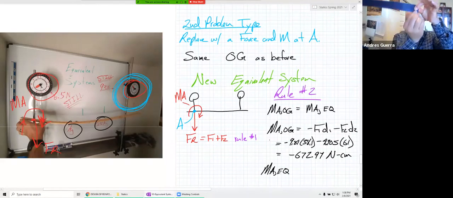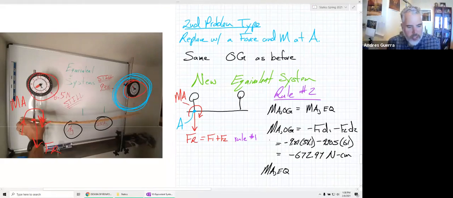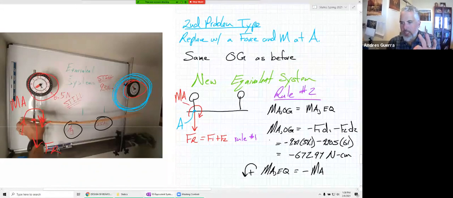Right, point A is right here. The line of action goes right through, so it's not causing any tendency to rotate, is it? So our couple moment, that's a pure moment. It's a pure rotation. So the moment about A of our equivalent, relative to our positive sign convention, is a minus MA. Right? That's the only thing that's causing that moment.